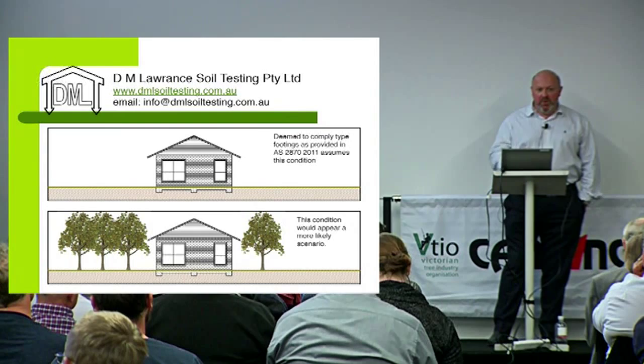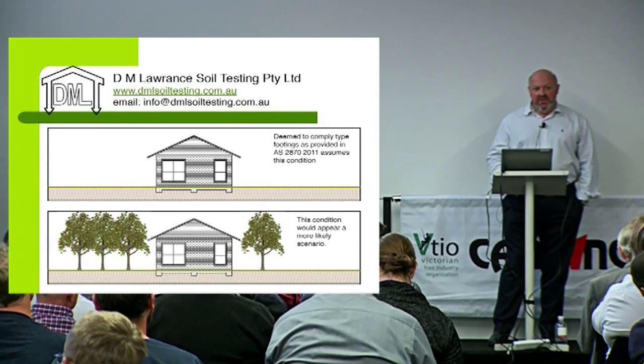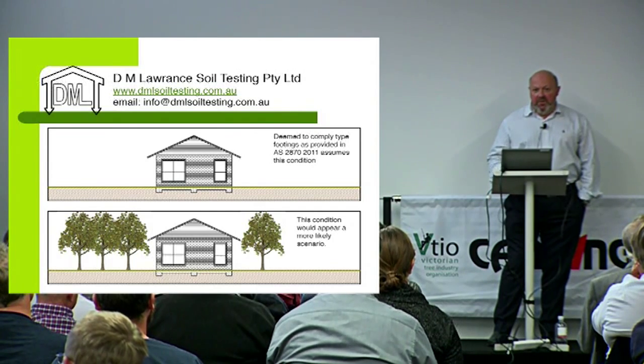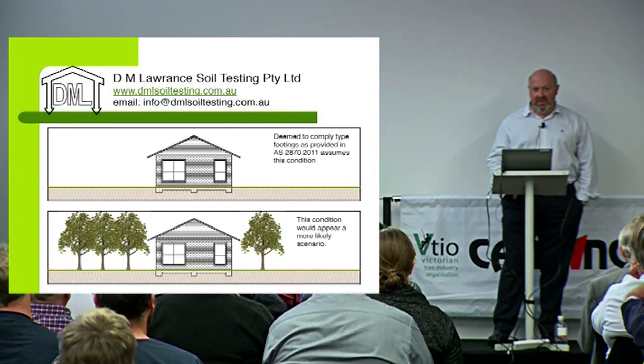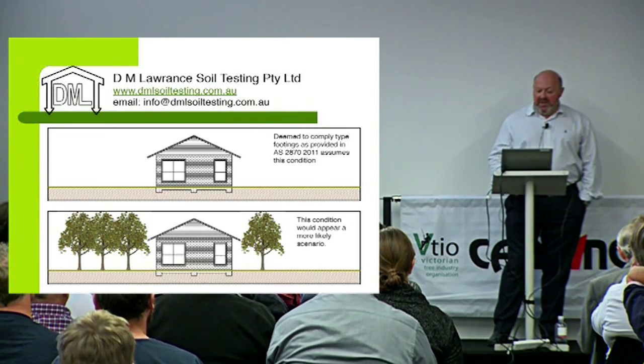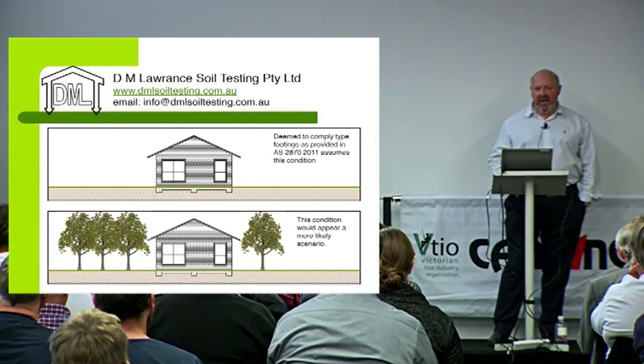All right? I'm sure most people in the audience would think the bottom situation is a far more likely situation. People building new houses, the first thing they want to do is plant around them. Now this code has just been amended in 2011, and it still says the standard deemed-to-comply footing assumes no one's going to plant any trees anywhere near the house.